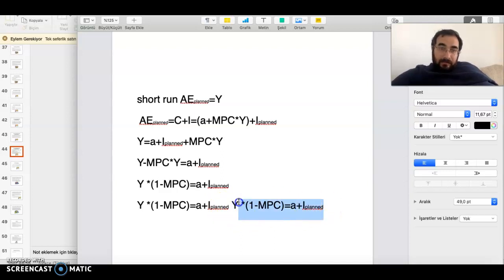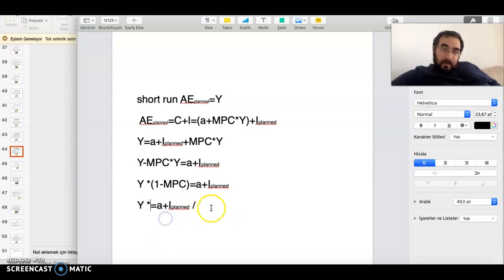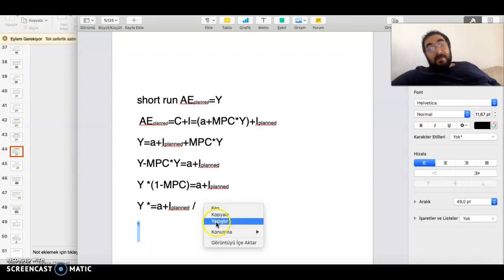Well, then I divide both sides by 1 minus MPC, which will basically move my MPC here. One minus MPC, I'm sorry, here.